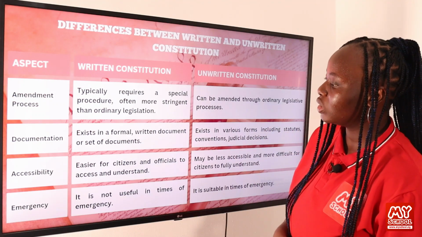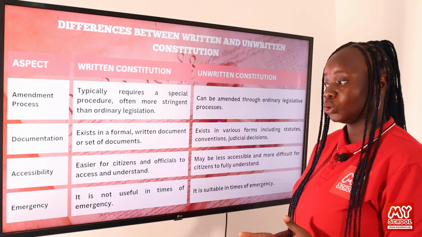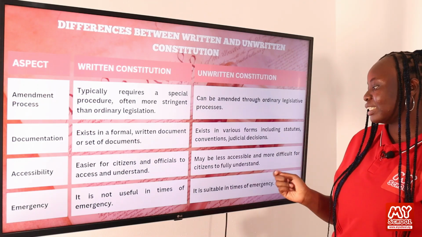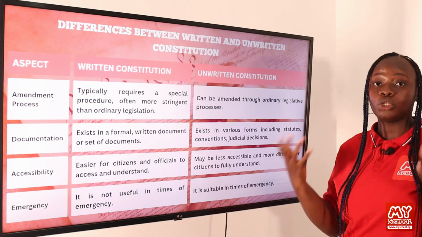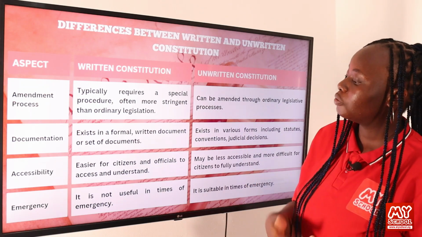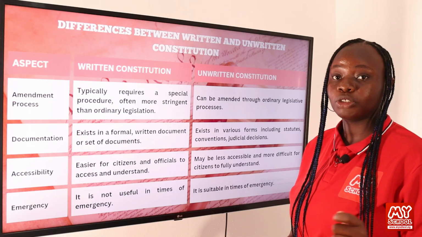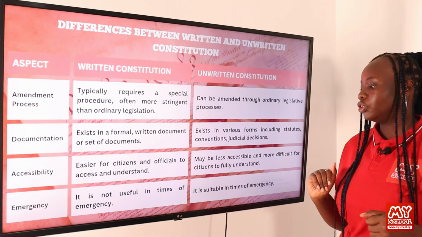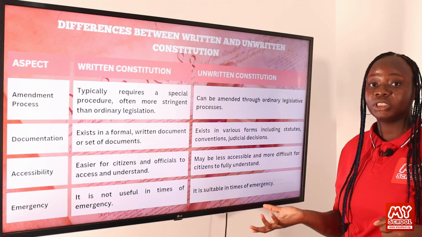A written constitution is easier for citizens and officials to access and understand. An unwritten constitution may be less accessible and more difficult for citizens to fully understand. Then, a written constitution is not useful in times of emergency because it is difficult to amend. But an unwritten constitution is suitable in times of emergency.